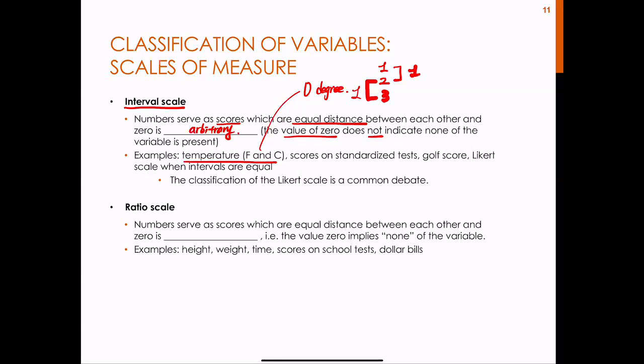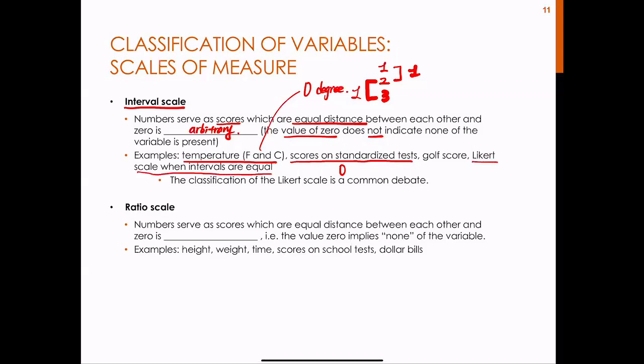So the next example is scores on a standardized test. Actually, a 0 score does not represent no ability on the test, right? And also we can include a Likert scale when intervals are equal.